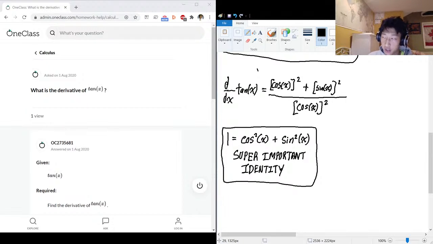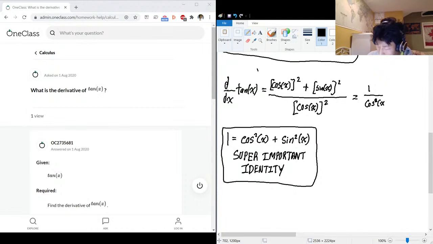This identity will save your life in many places, and this is one of those places, because you see how the top, cos squared plus sine squared, is really equivalent to this. So the top of this fraction is really just equal to 1, over cos squared of x.